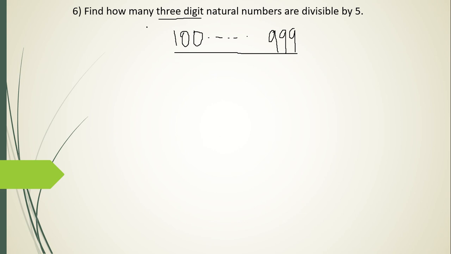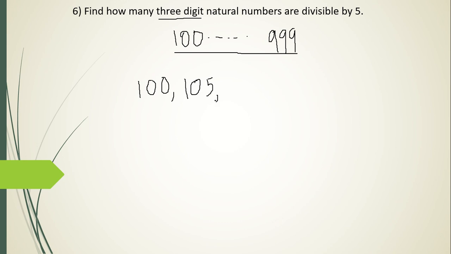Now we want to find out the 3-digit natural numbers that are divisible by 5. So out of these 3-digit natural numbers, our sequence is the ones which are divisible by 5. Okay, so 100 is divisible by 5. After 100, the next number will be 105.